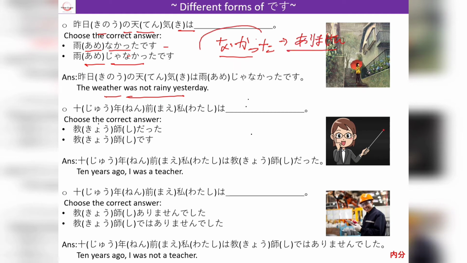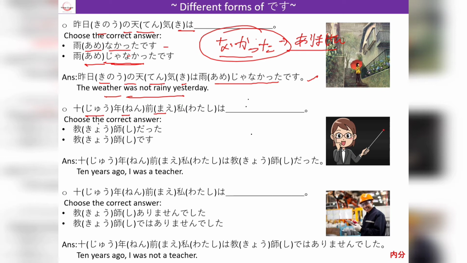So we cannot use this because this is a verb. So we will use ja nakatta desu, which is the colloquial expression of deva nakatta, and our answer will become kino no tenki wa ame ja nakatta desu.